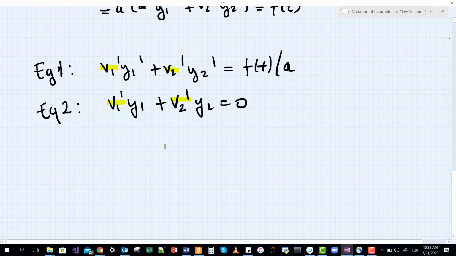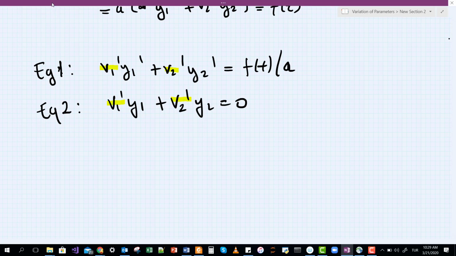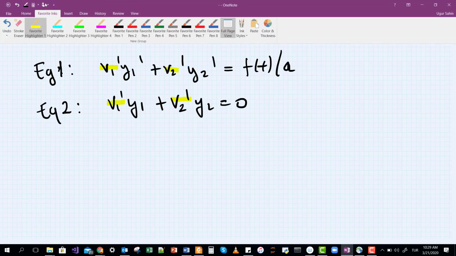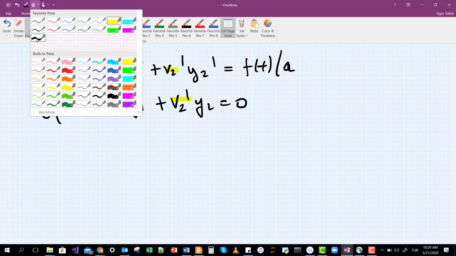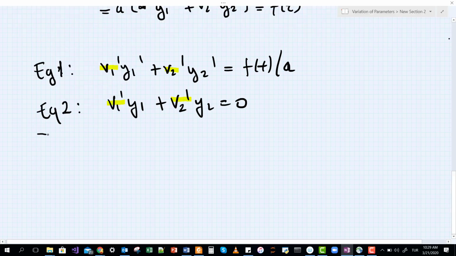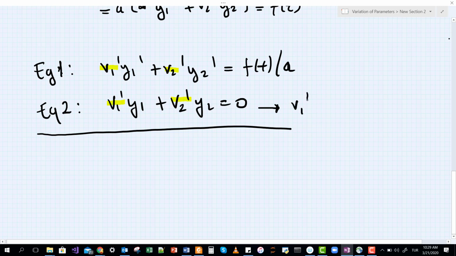That was my aim. Okay, I'm going to try it, since this is a linear system and I know how to solve it. Either you can use substitution or elimination. Let me use equation 2 first. From equation 2, I can get v1 prime is equal to v2 prime y2 over y1.